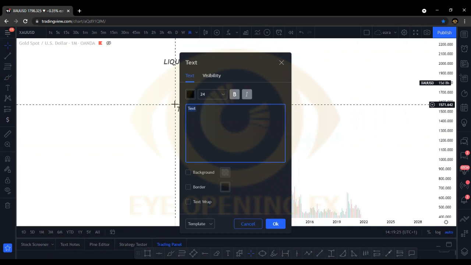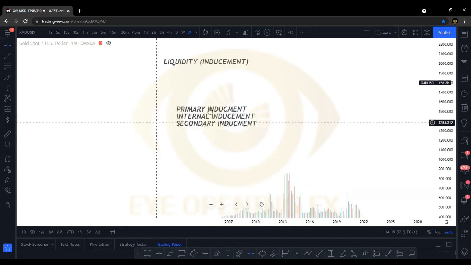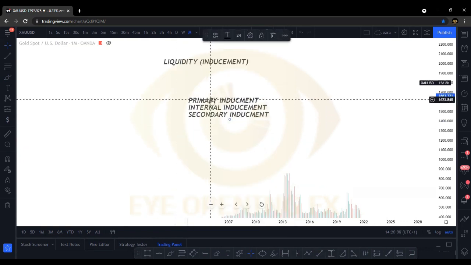Firstly, we have primary inducement, we have internal inducement, and we have secondary inducement. So these are the three types of inducement that we have.